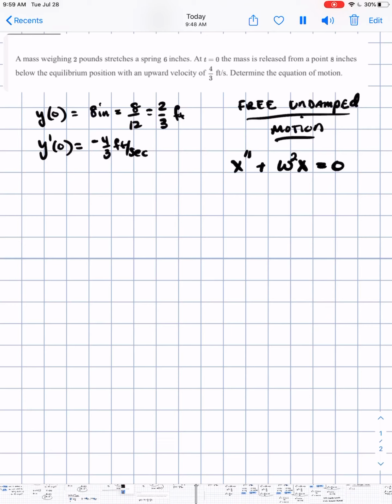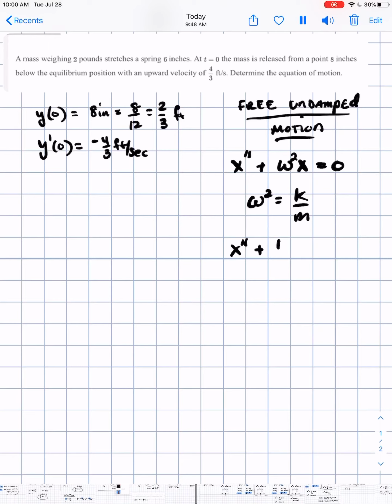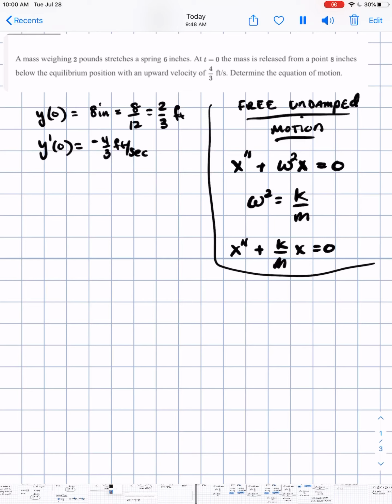In this situation, w squared is equal to k over m, so I'll just put this as k over m, spring constant over mass, and then x equals 0. Then you can see we have a type of differential equation that you want to use here.